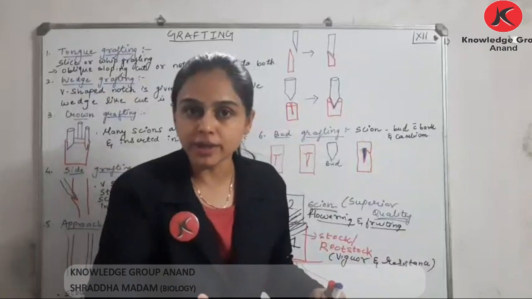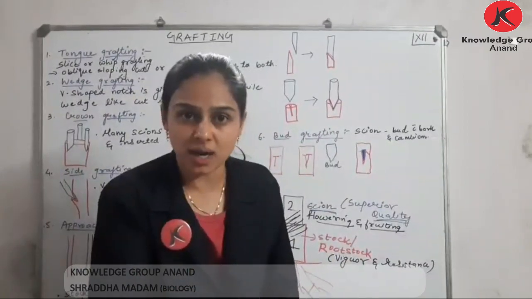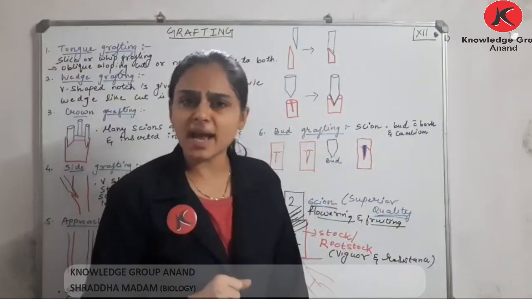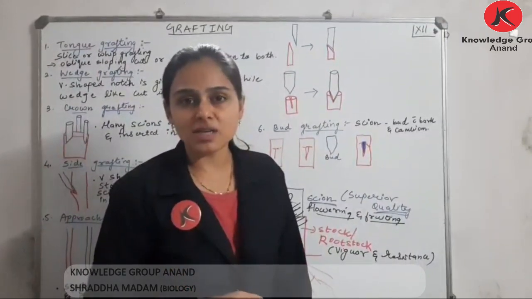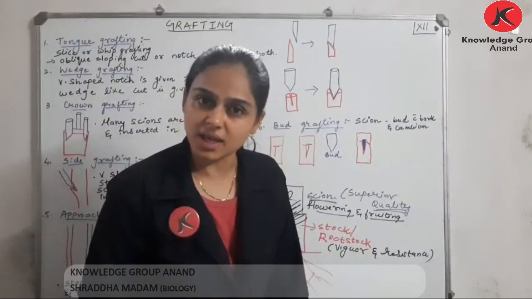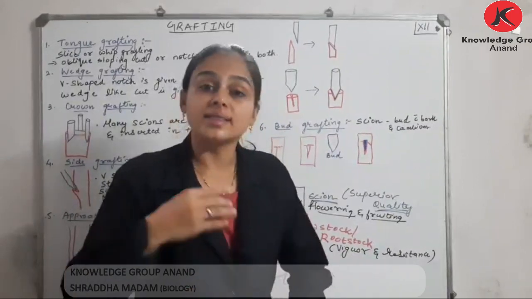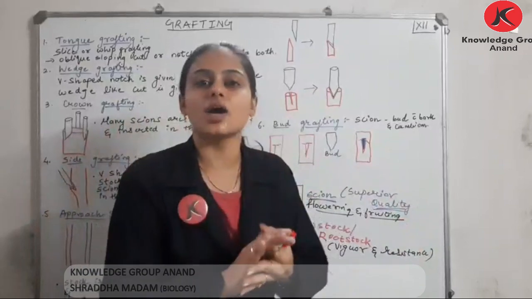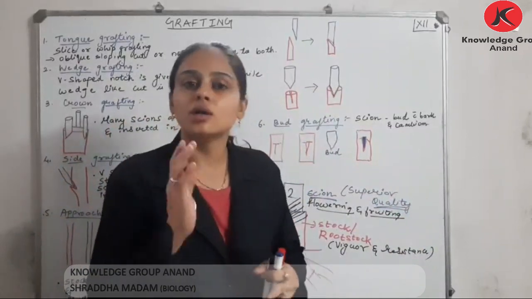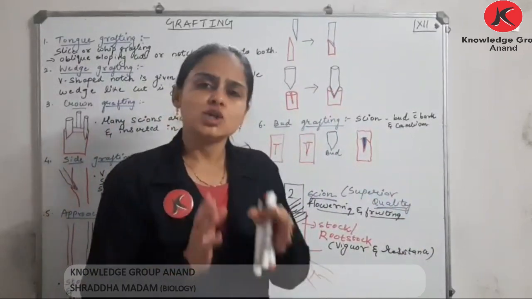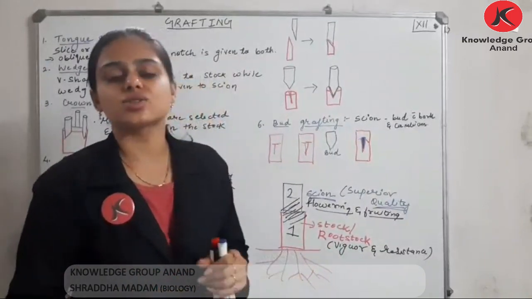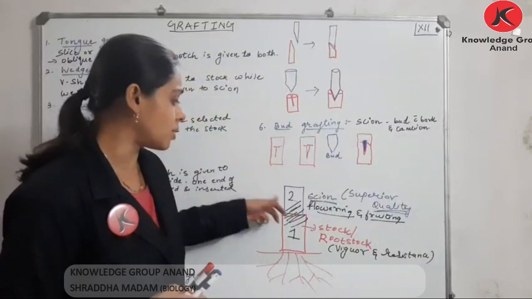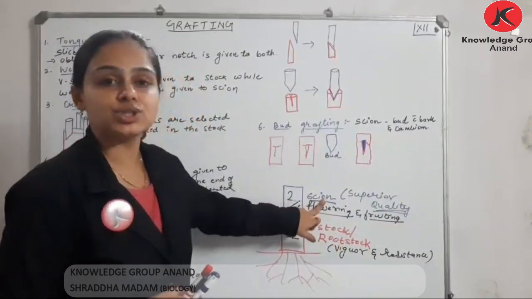This creates wound, right? Wound create हो रहा है, तो वहां पे फॉर्म होगा callus. What is callus? Callus is nothing but mass of undifferentiated cell. ठीक है? Callus formed and then this stock and scion combines to form new plant. ठीक है? So this is general description of your grafting. I hope you understood these two terms, root stock and scion.